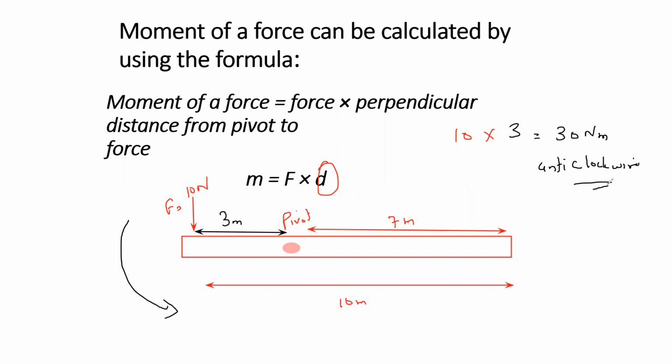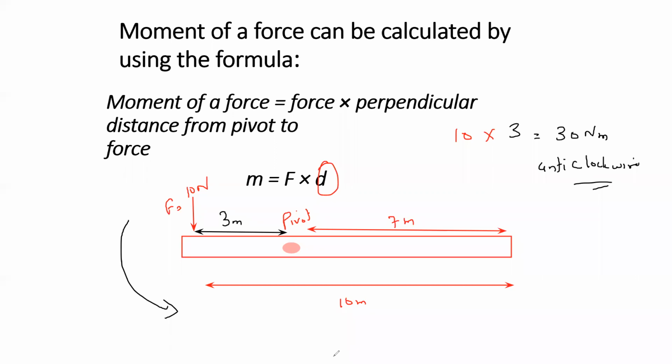Is this example clear? A simple way to work out the direction of the moment is to use your pencil or a pen, hold it at the pivot and apply the force in the direction shown in the figure, so you can work out the direction of the turning effect.